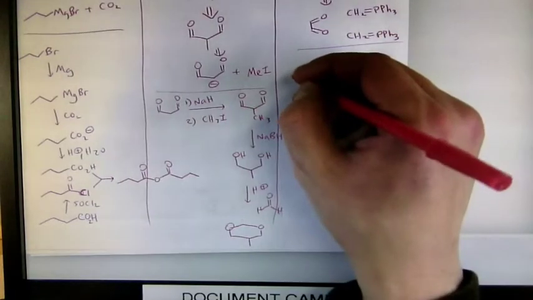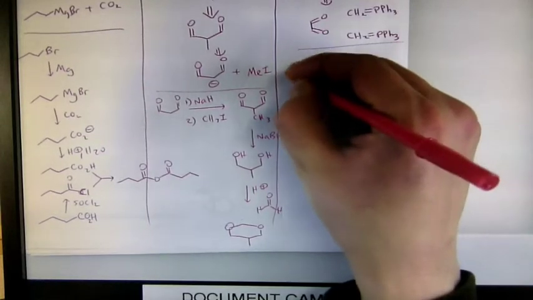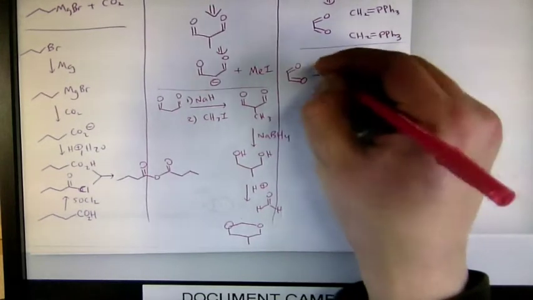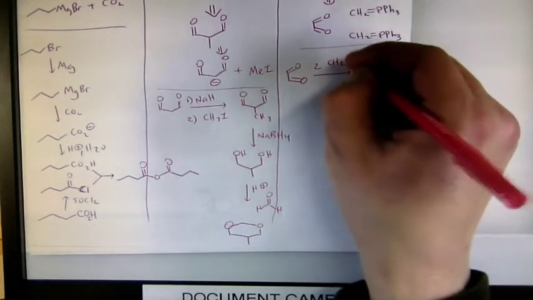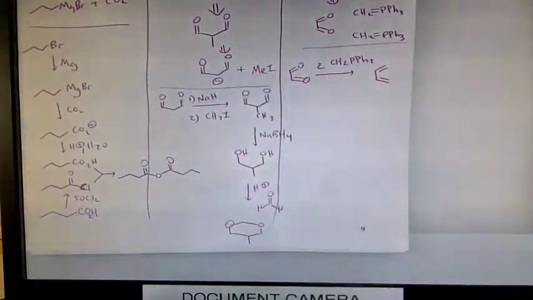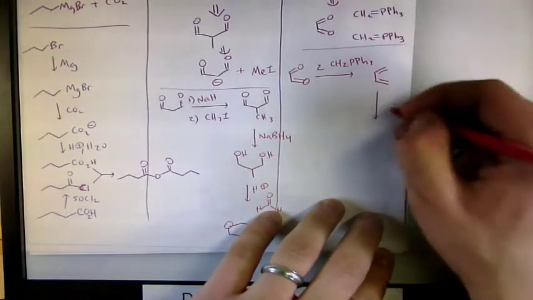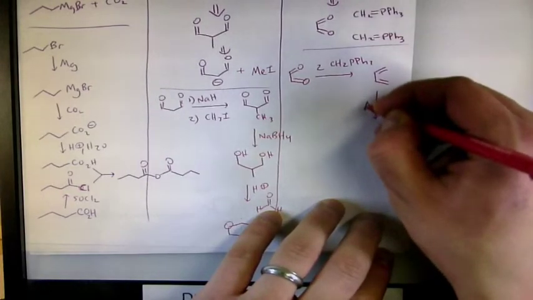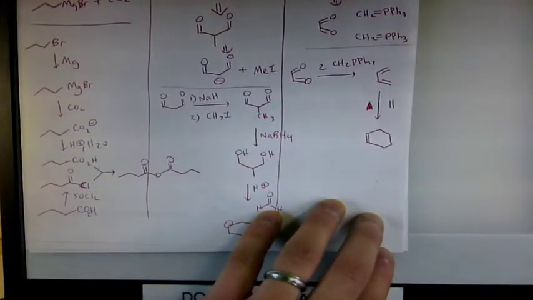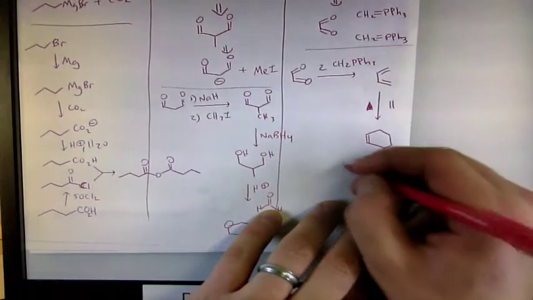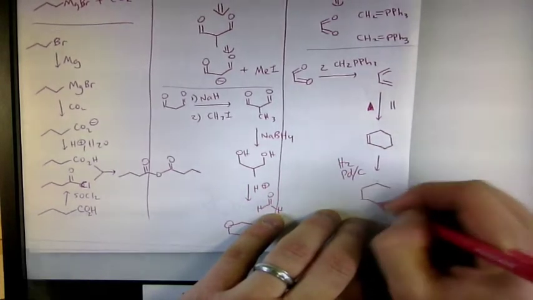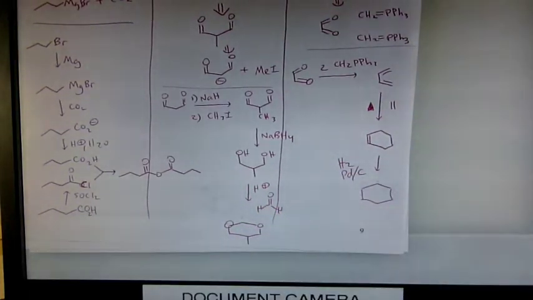So the synthesis would be that with heat, and that with H2, palladium on carbon, giving us cyclohexane.